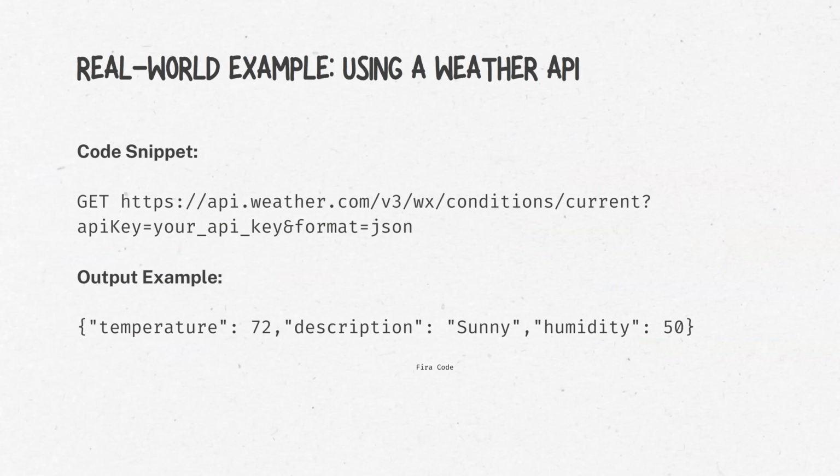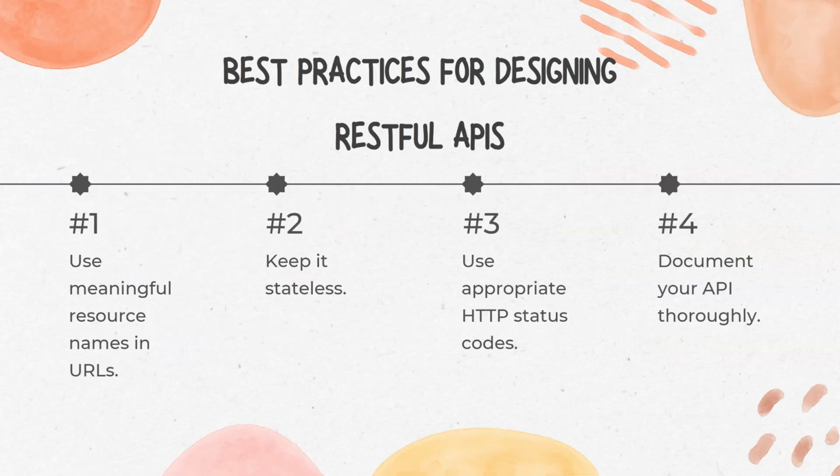You send this request and the API responds with the data like the current temperature, weather condition, and humidity in JSON format. So the response could look something like this. I hope it's very clear, and with just a few lines of code, you have got real-time weather data and you can use it in your app or anywhere. So I hope it's clear for you now.